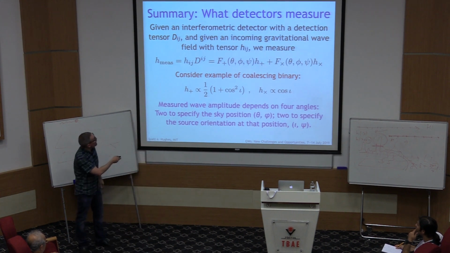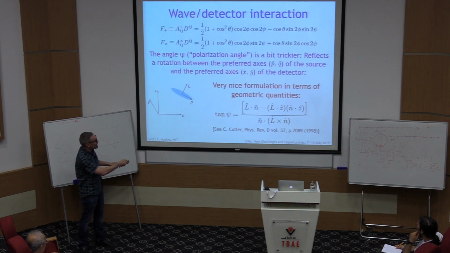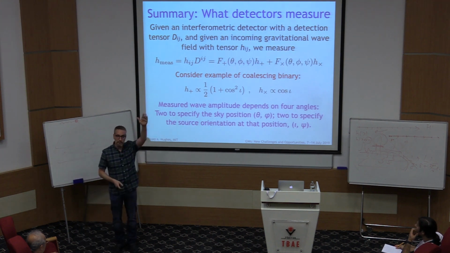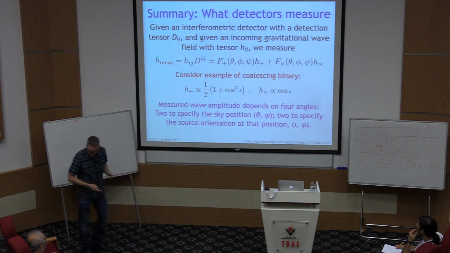There's a unit vector which I would call n that points to where the source is located on the sky. And then there's another set of angles that define the geometry of that source, where the normal to its orbital plane, if it's a binary, is pointing at that location.